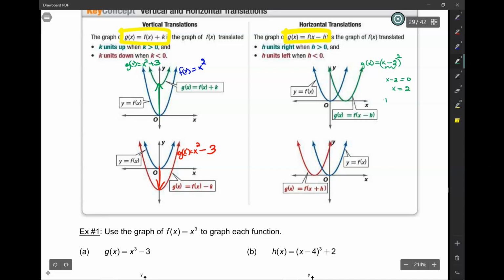Okay? Positive 2 means 2 units to the right.